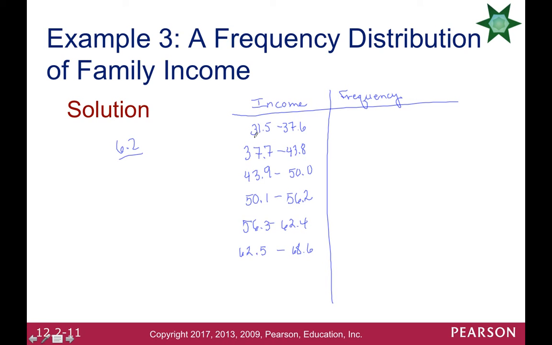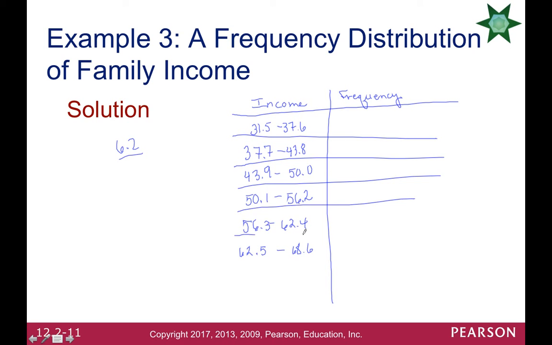So to get all the lower limits, you find the difference by taking and putting one up. So 37.7 minus 31.5, and you find the special value of 6.2. And then you add that to get to the next one, which I got 43.9. Add that to the next one, which you get 50.1. Add it to the next one, etc. Okay, on both sides.